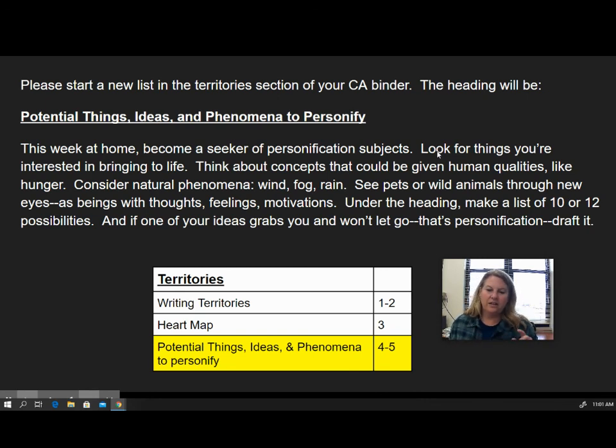So underneath your heart map, there's a spot for potential things, ideas, and phenomena to personify. You're going to go to that page and start a list of things that are not people or humans that you could give human qualities to and possibly use in your poetry.